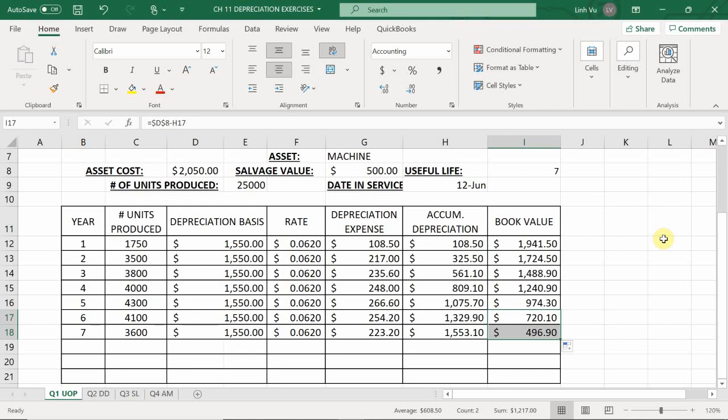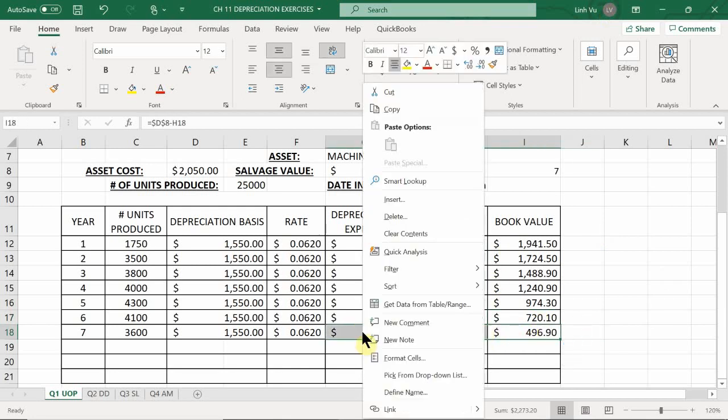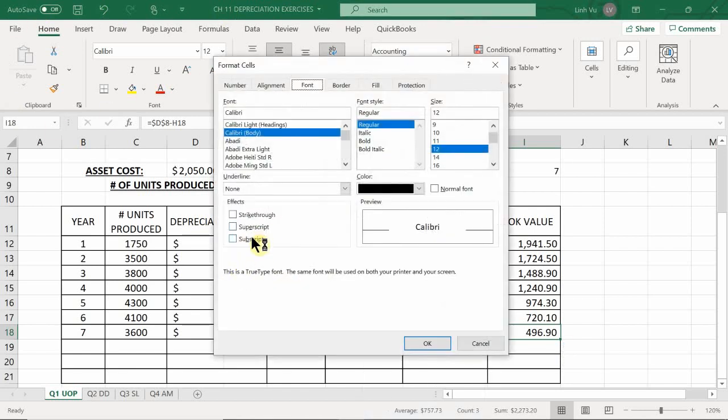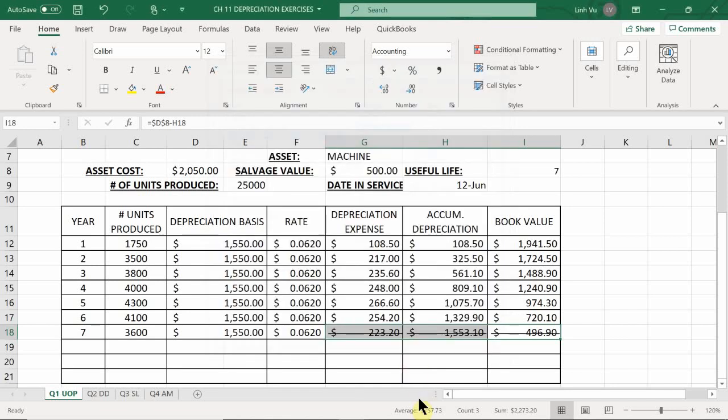So in this case, maybe we did actually end up producing way too much. So I'm going to go ahead and cross this out. So then we know that this is not the correct number. So strike through. Okay. And now we need to actually solve for the actual amount.